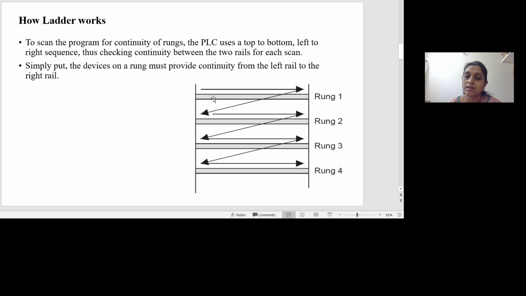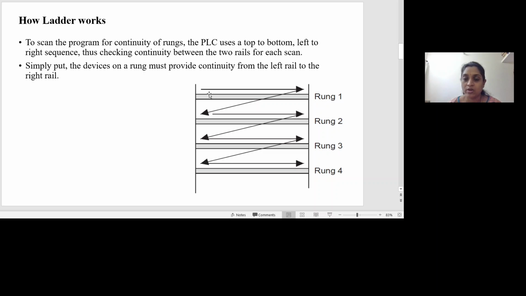And in a rung there will be many contacts. Within the same rung there are many input contacts, so there you should have a preference. It scans a given rung from left to right.